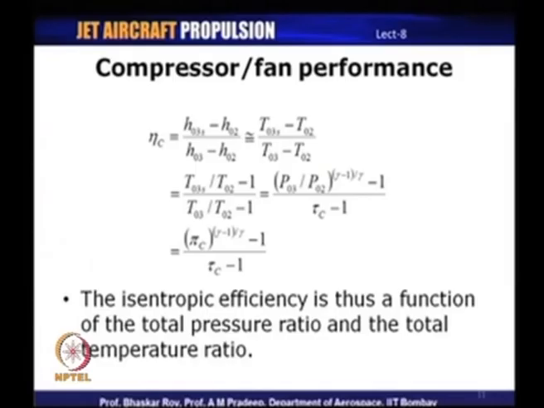And P03 by P02 is the compressor pressure ratio, which is pi subscript C. So, the isentropic efficiency of the compressor can be expressed in terms of the stagnation pressure ratio, pi C raised to gamma minus 1 by gamma, minus 1, divided by tau C minus 1, where tau C is the stagnation temperature ratio, in this case T03 divided by T02.